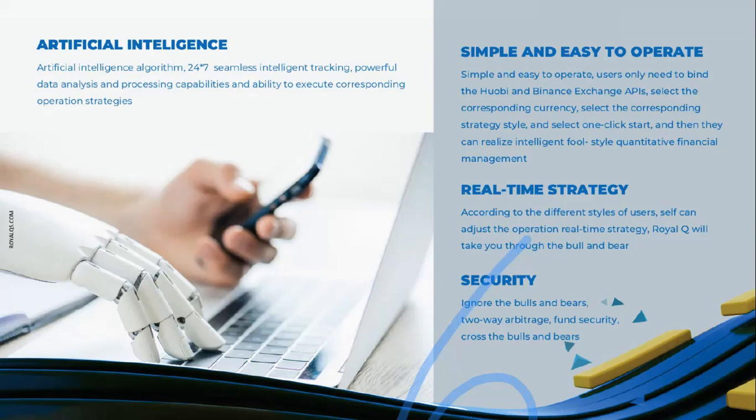Now, the strategies are real time, and you're trading with the real life market. Once you get into your trade, all the coins that it's going to buy, you're going to see it live inside your Binance app, inside your Binance wallet, where you stored your USDT. Once you have connected the API of your Binance to your Royalq, and you start the robot to trade, the robot will automatically select the coins it wants to trade on, and it will buy those coins.